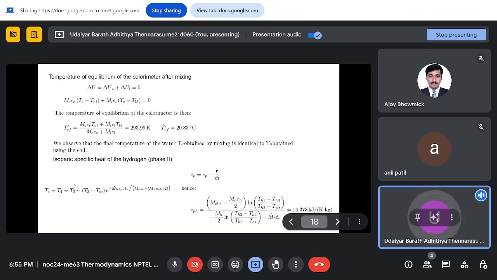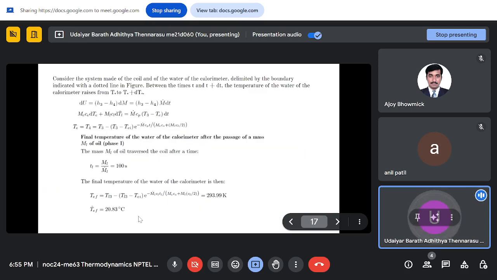In this case, we know all the temperatures, so we substitute them here, and we can find the only unknown. The time is given, the mass of hydrogen is given, and the specific heat is given. From this we can find the specific heat for the hydrogen.